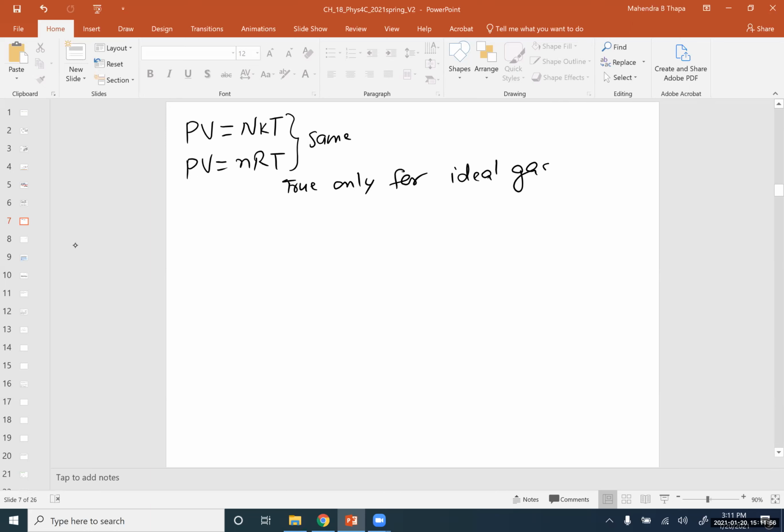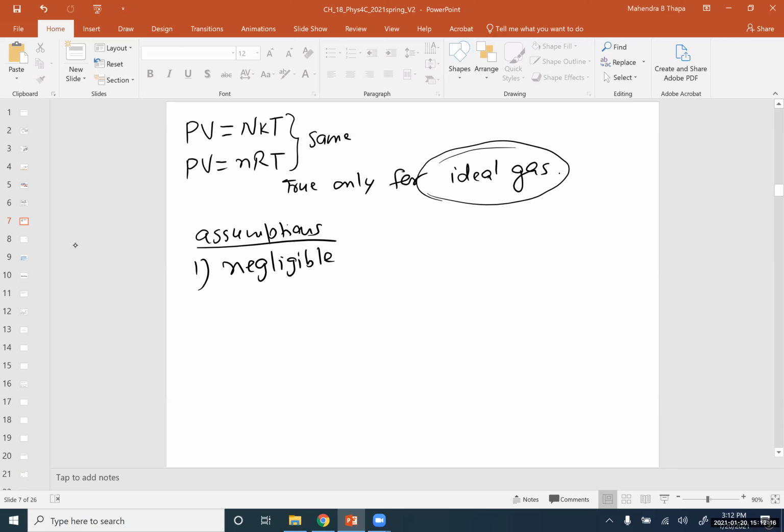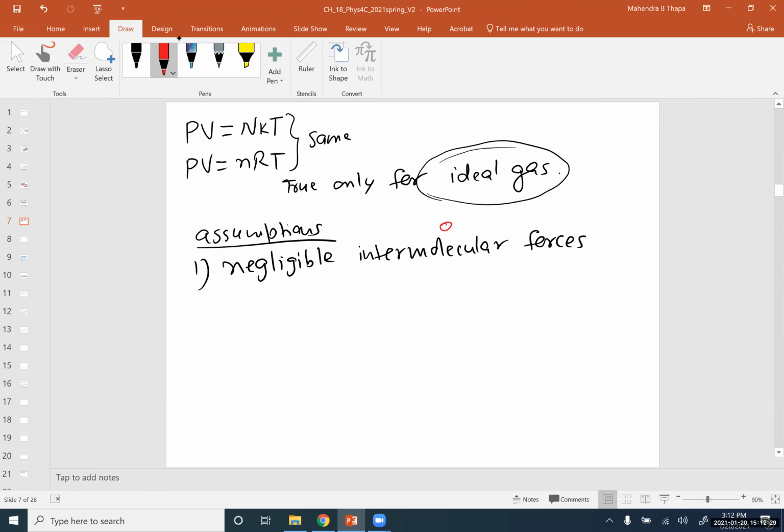So what do we mean by ideal gases? We make some assumptions in general. To have an ideal gas, there should be negligible intermolecular forces. Intermolecular forces means, say we have two atoms over here, atom 1 and atom 2.